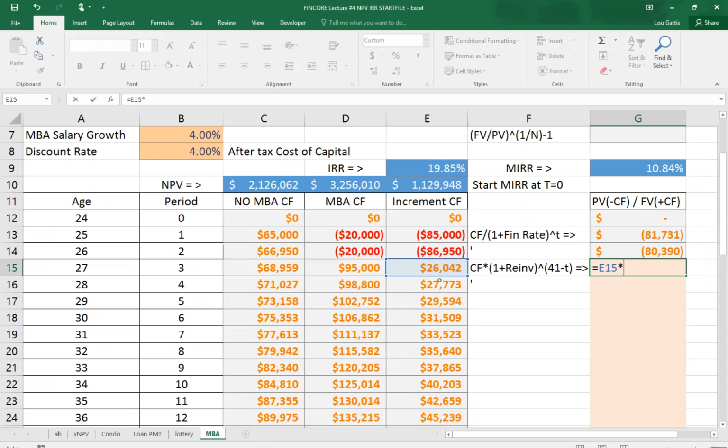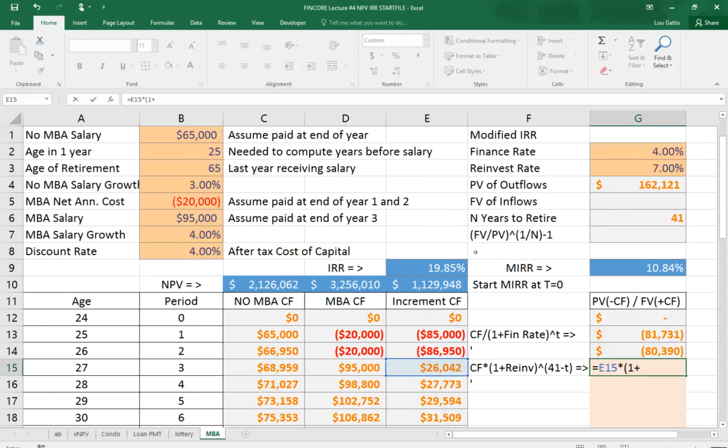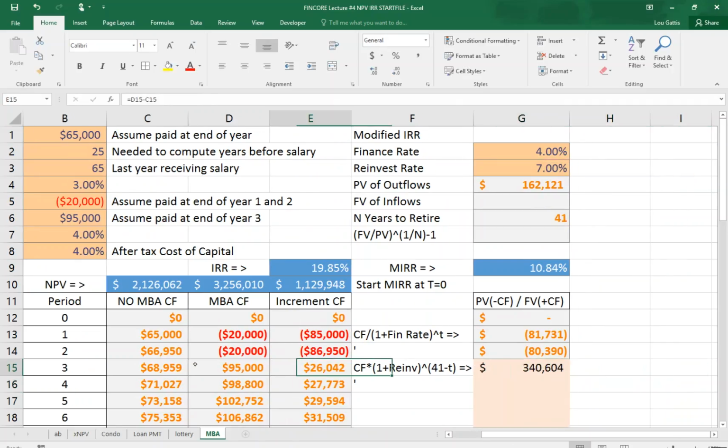So I'll take that cash flow times 1 plus the reinvestment rate, anchor that, raised to the 41 minus, I'm going to anchor that 41, minus year 3. In other words, 38 years from now. So that $26,000 is going to be worth $340,000 when I'm 65.